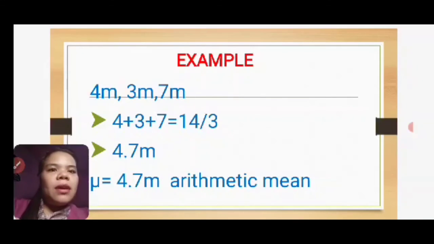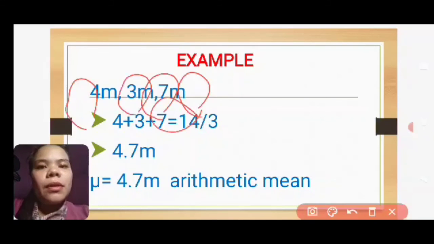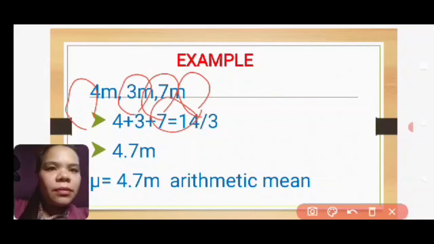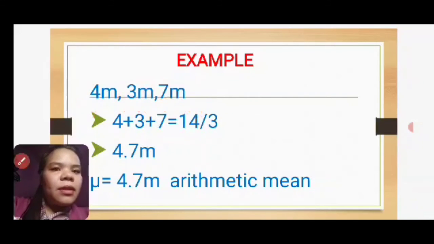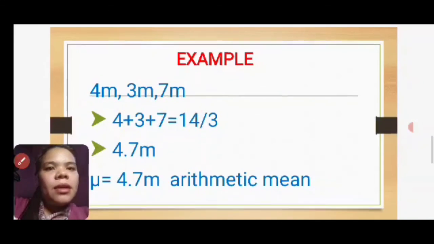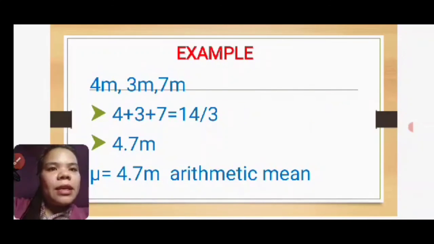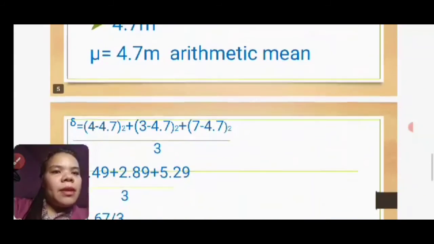So there are 3 samples, the 4, 3, and 7. So the answer is 4.7 m, which is the arithmetic mean.